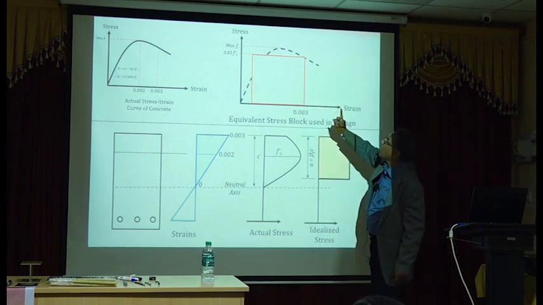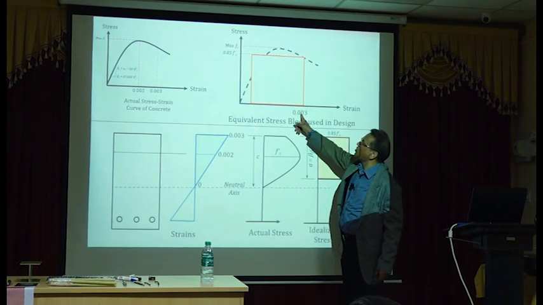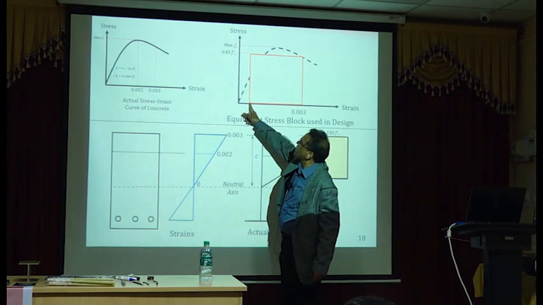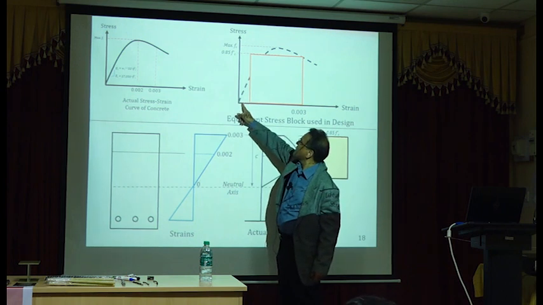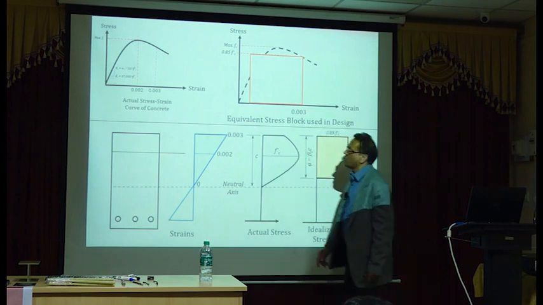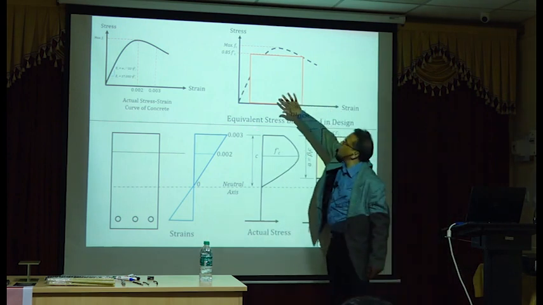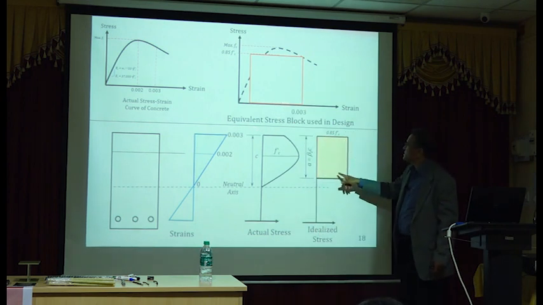Okay, now one thing you must remember is this maximum strain is 0.003, and this rectangular stress block will not go all the way to the axis. It's terminated a little bit before you reach the origin. Okay, so when you rotate this and flip it, you will see this rectangular stress block.